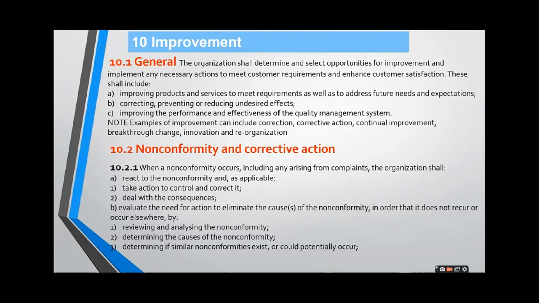So, if you are continuously seeking improvement, this clause is the core principle of the ISO 9001, and it is very crucial for long-term organizational success.